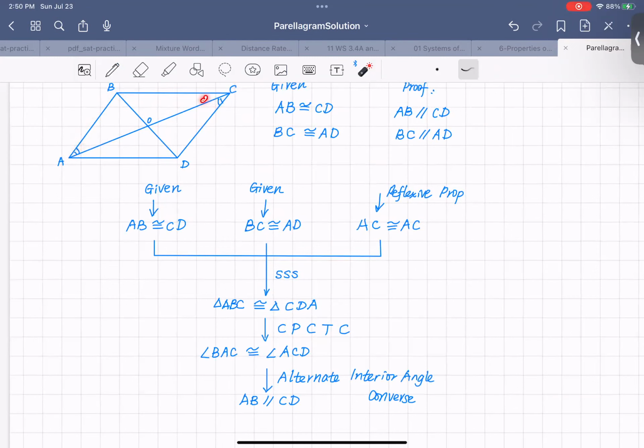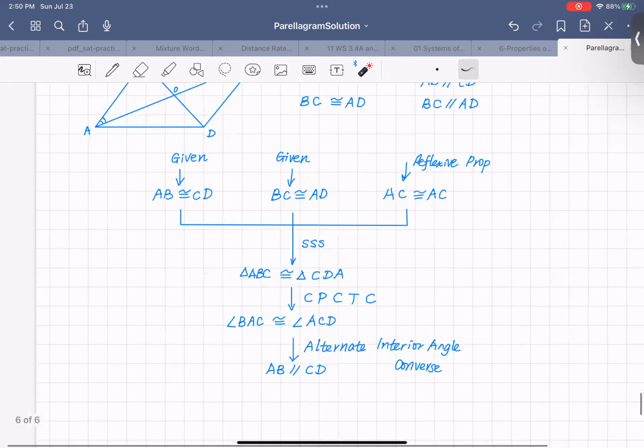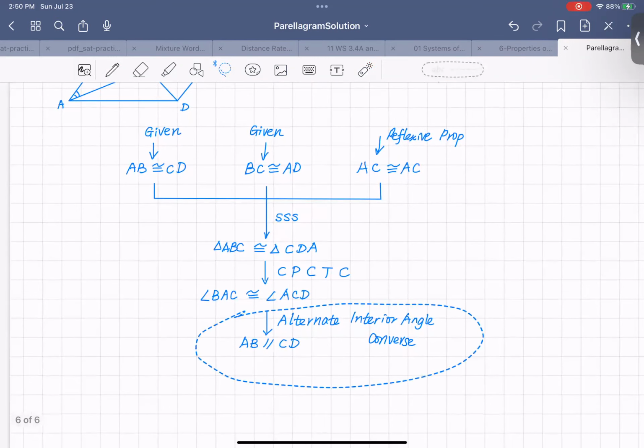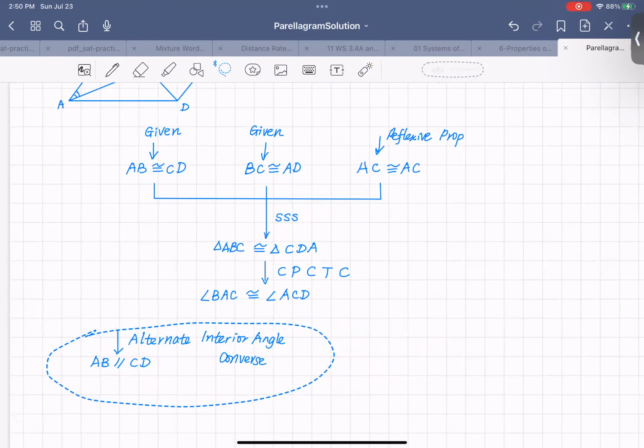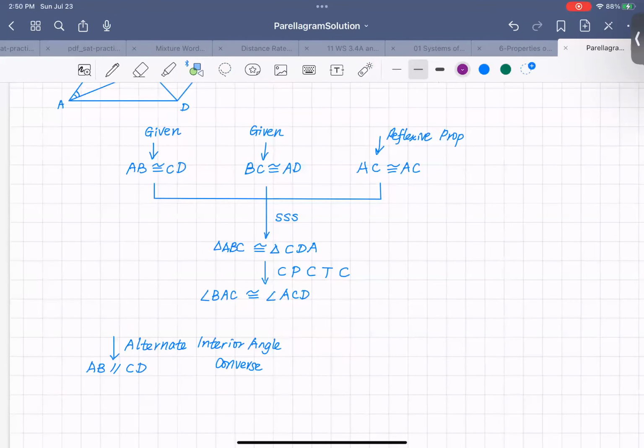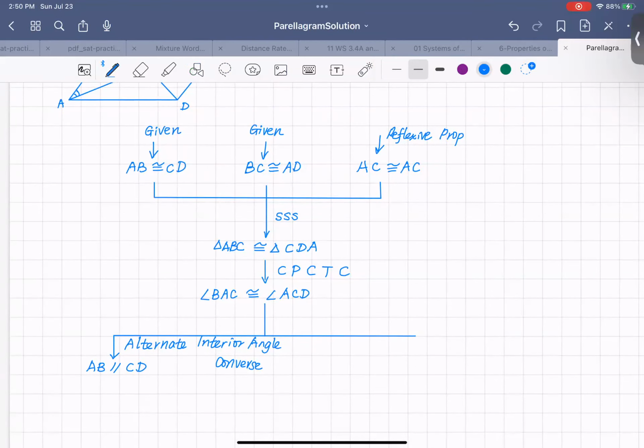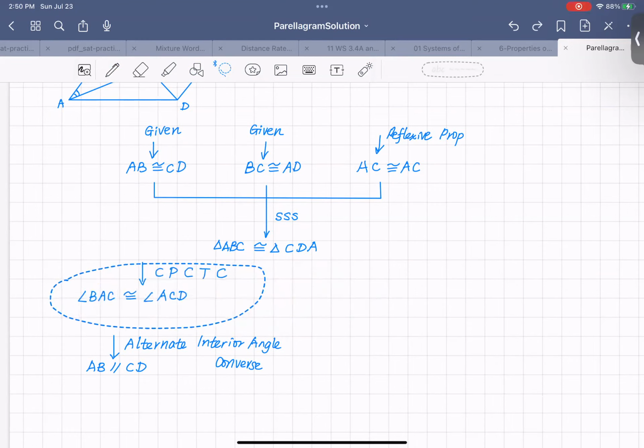At the same time, you have these two angles also congruent. So this one not only gives one conclusion, but also gives you another conclusion.